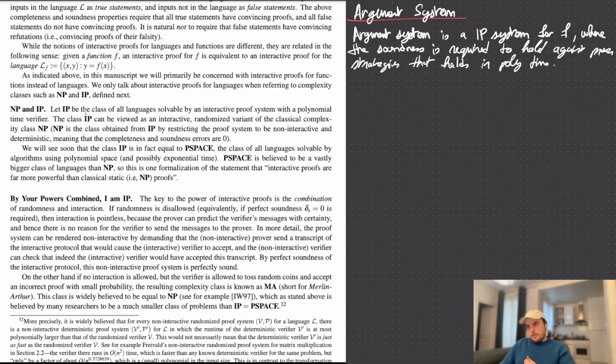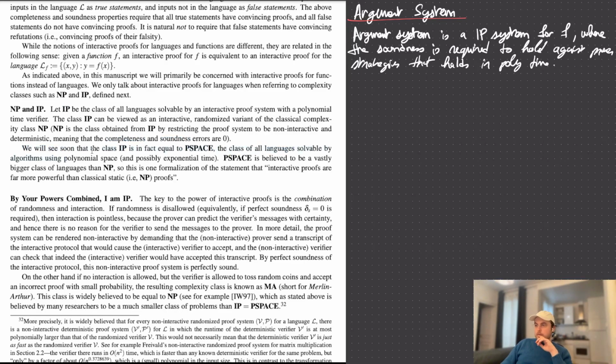Let IP be the class of all languages solved by an interactive proof system with a polynomial-time verifier. The class IP can be viewed as an interactive randomized variant of the classical complexity class NP. The NP class is obtained from IP by restricting the proof system to be non-interactive and deterministic, meaning that the completeness and soundness errors are 0. So IP is like NP, but you can have errors that are defined by the completeness and soundness.